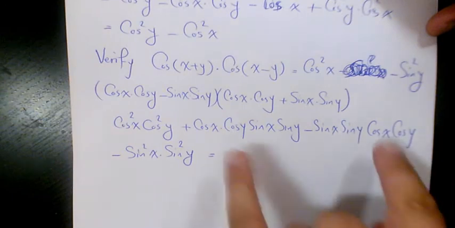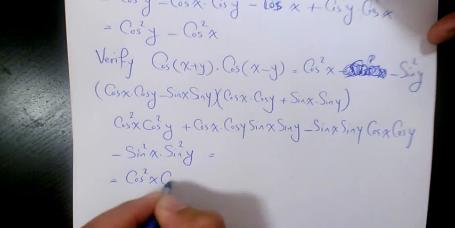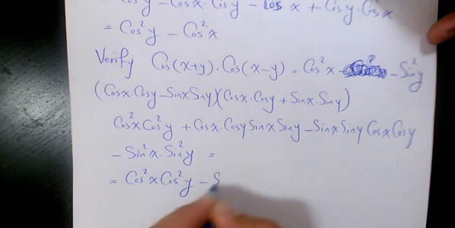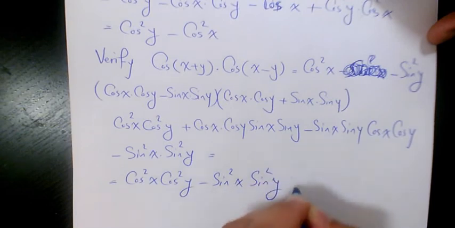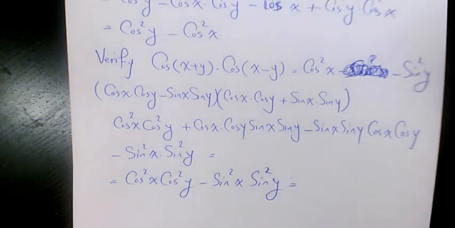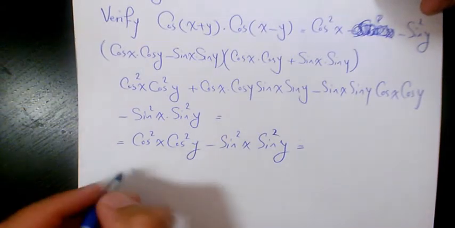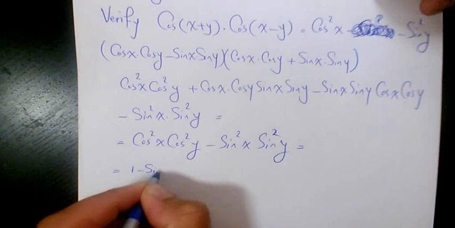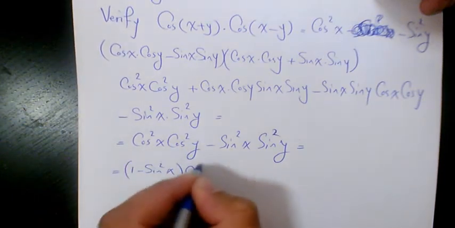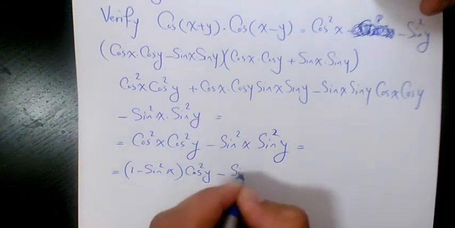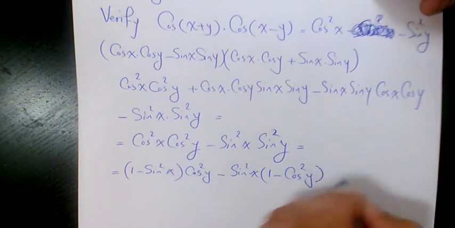So these two are going to cancel out. So we're going to have cosine squared x cosine squared y minus sine squared x sine squared y. Now in this case, I keep sine x and cosine y, and I change this to 1 minus sine squared x, and here I keep it as cosine squared y, and here I have sine squared x, 1 minus cosine squared y.